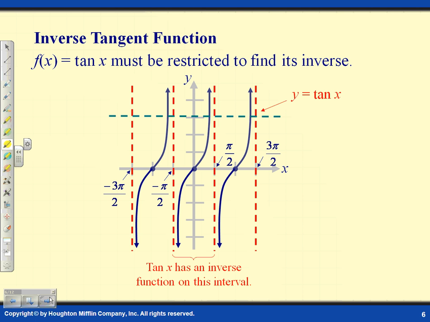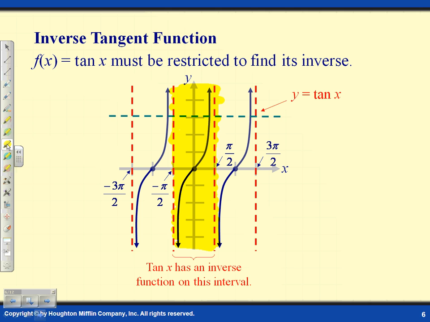I can see that it's not a one-to-one function, so I'm going to restrict it, and the area that I'm going to restrict is going to be from its normal period, which is going to be from negative pi over 2 to pi over 2. Okay, do we see that?